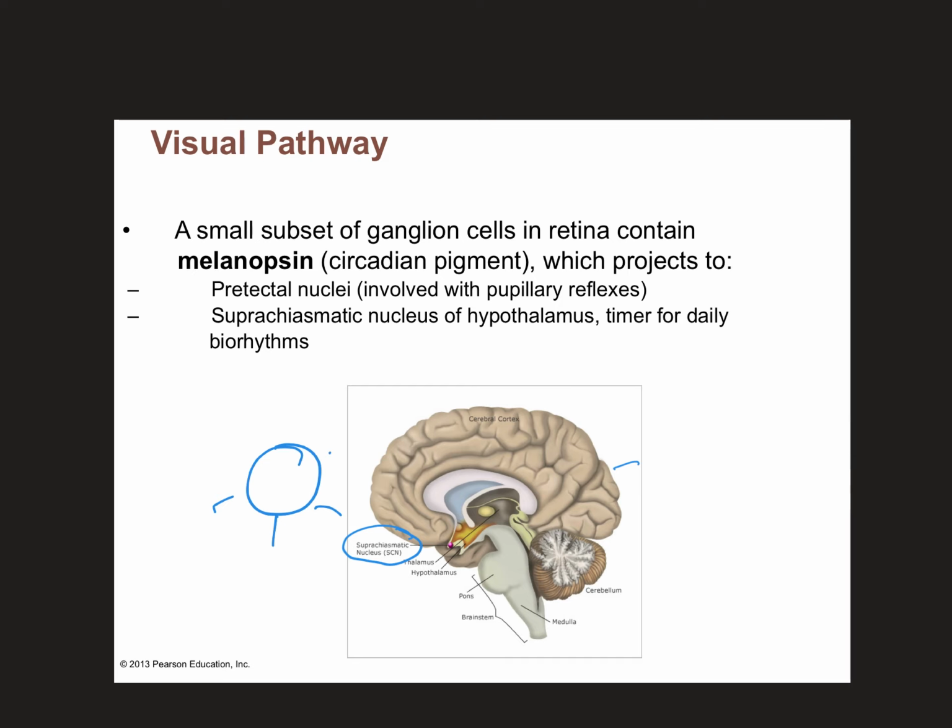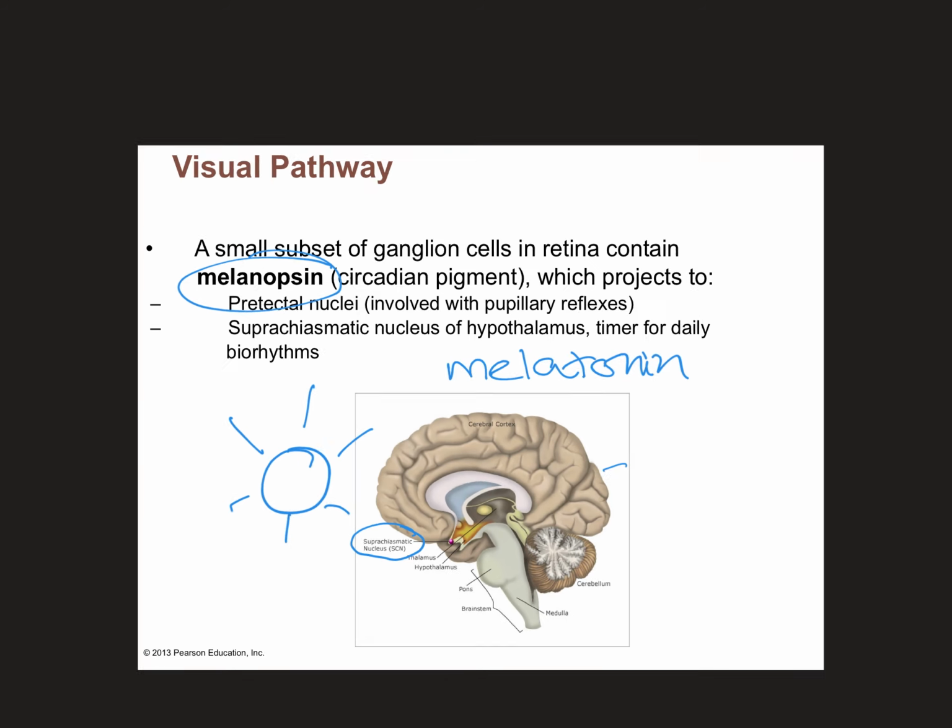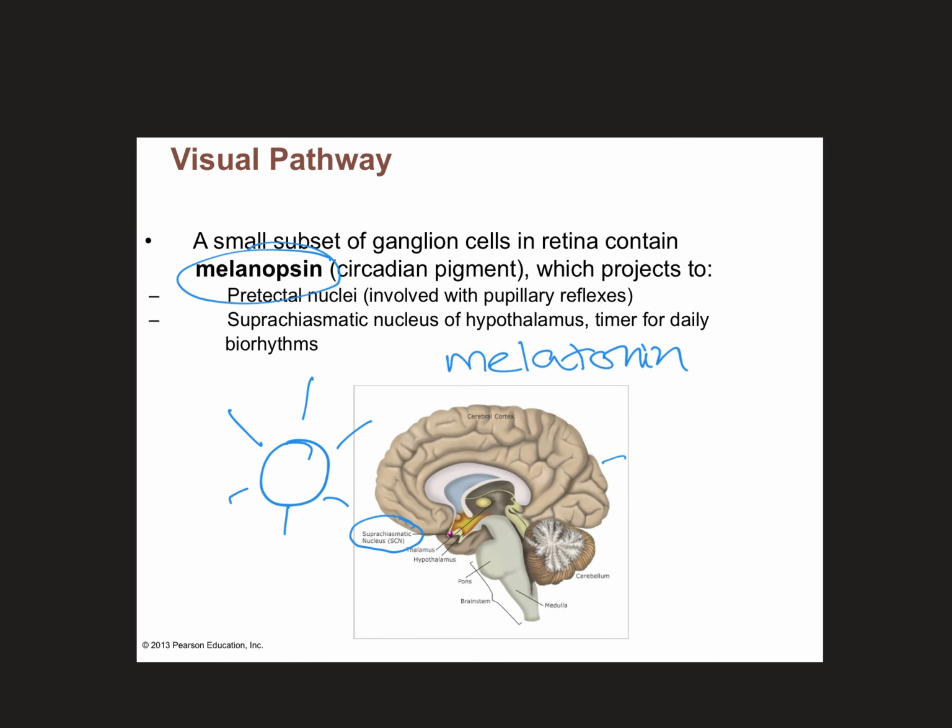It's a great pathway. So we have a pigment called melanopsin, and it's in the same family as serotonin. So we often call it by its biochemical name, melatonin. And melatonin is made by a gland called your pineal gland, which is not in this picture, but if it was, it'd be way back here.